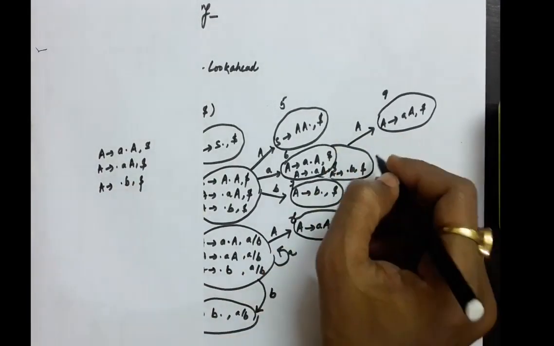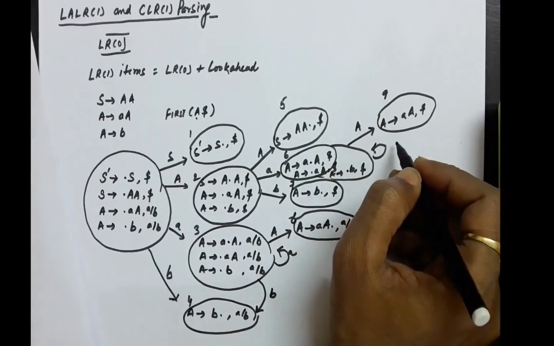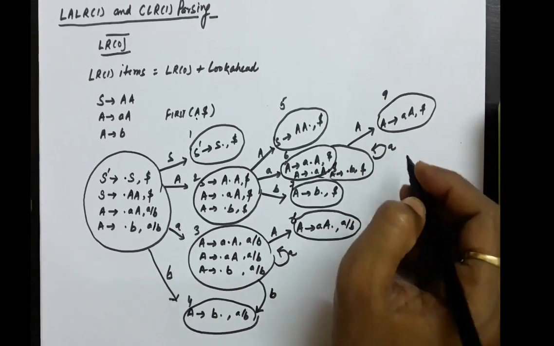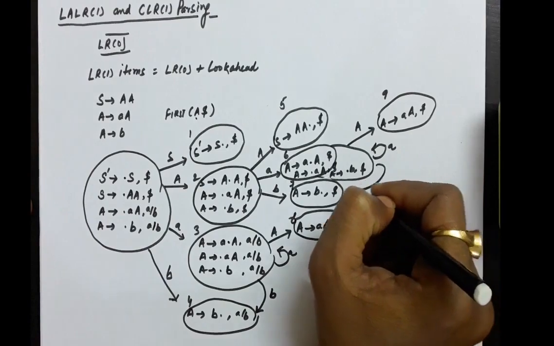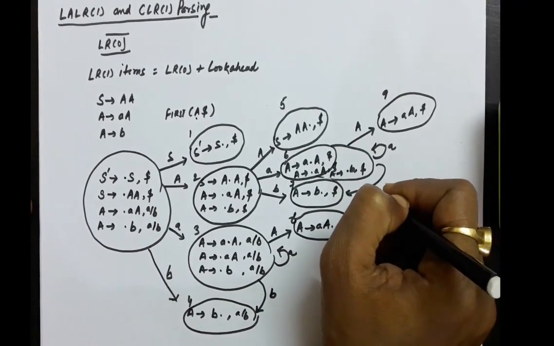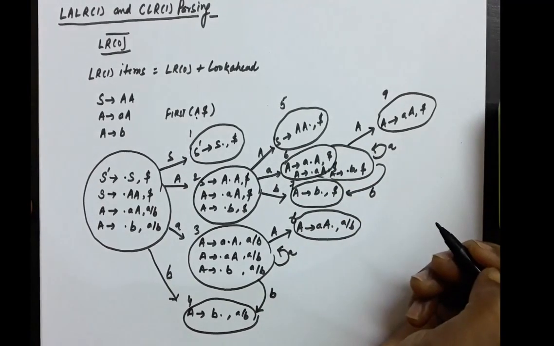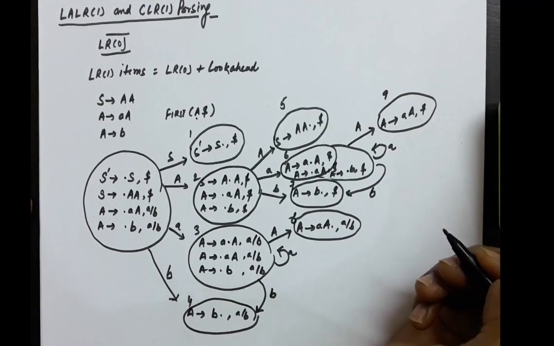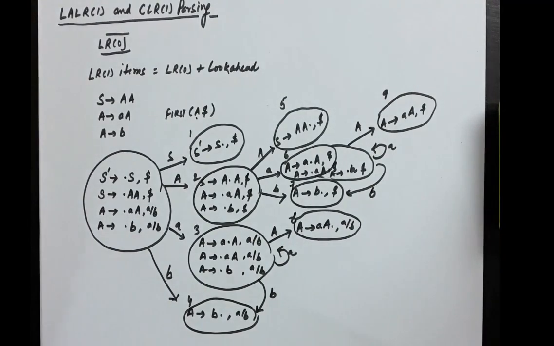So you will remain in the same state with dollar. Okay, and now with a small b, a dot will be shifted after the b, so you'll remain in this state. So this is how we compute these LR1 items.